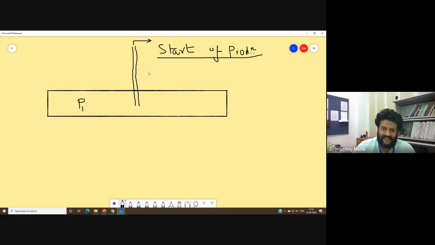Now let us say after time delta t, I have taken out of the reservoir a volume of delta V. So after time t, I have taken out hydrocarbon of volume delta V. So what will happen to pressure P1?